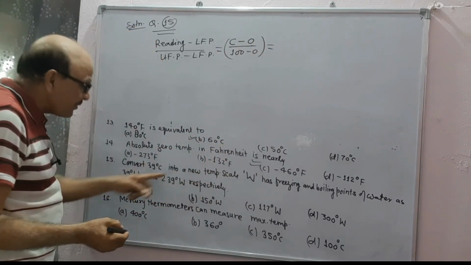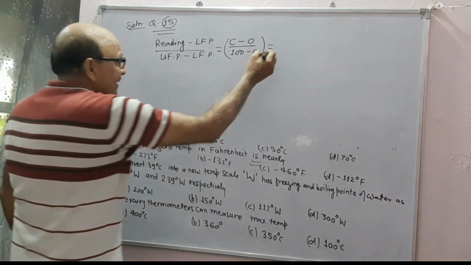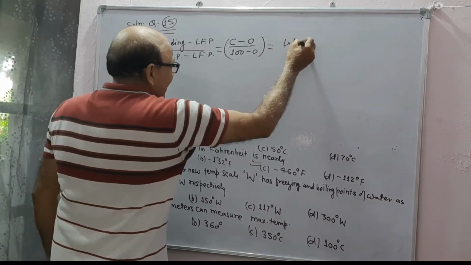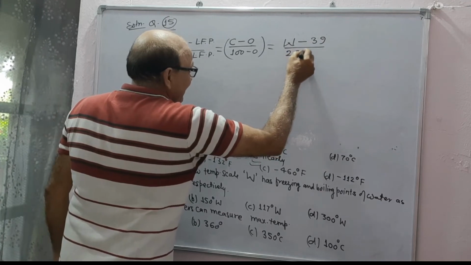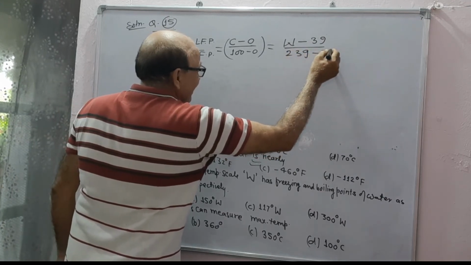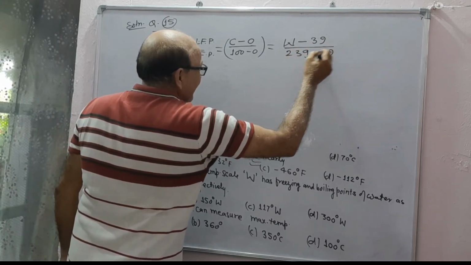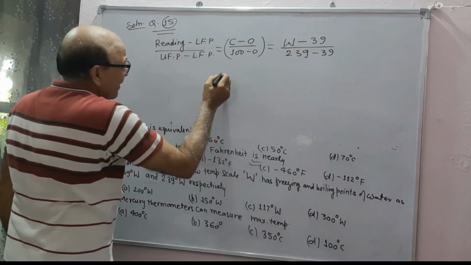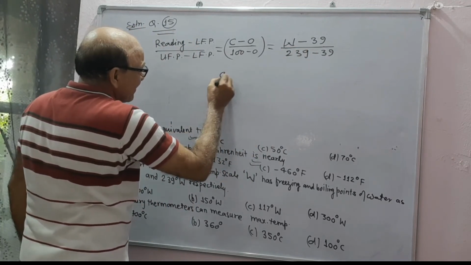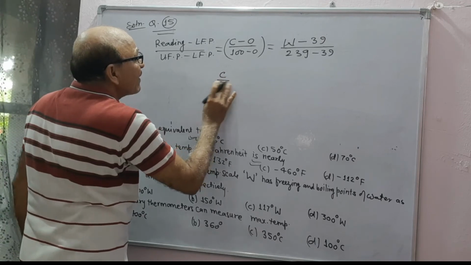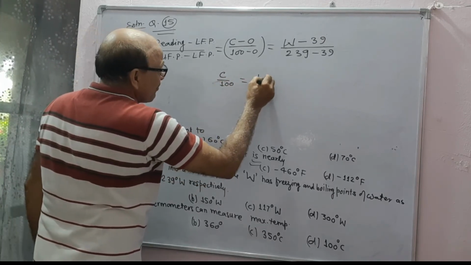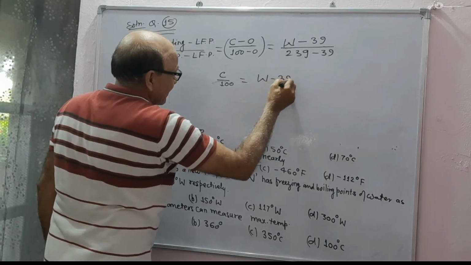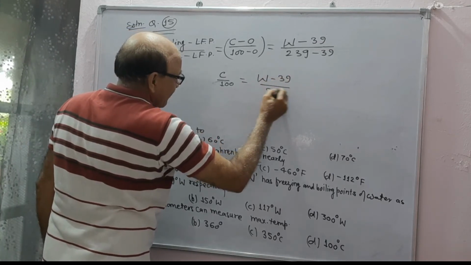And in case of this new scale, reading is W, lower is 39, upper is 239 and reading is, lower is 39. So this is C upon 100, and this is W minus 39 upon 200.